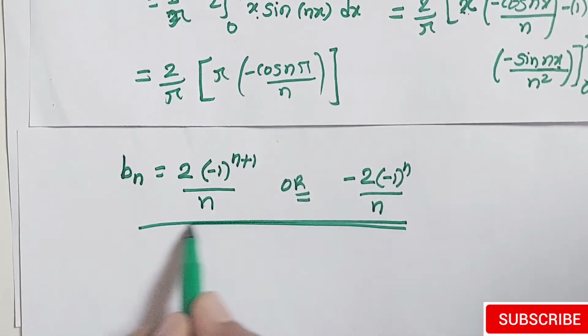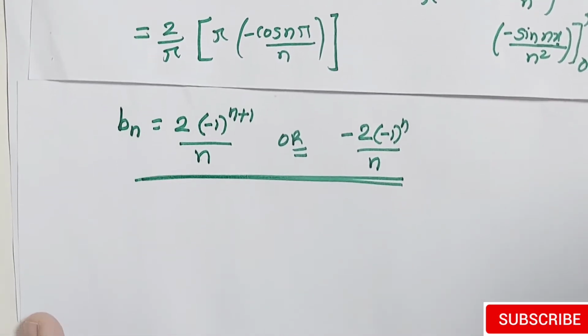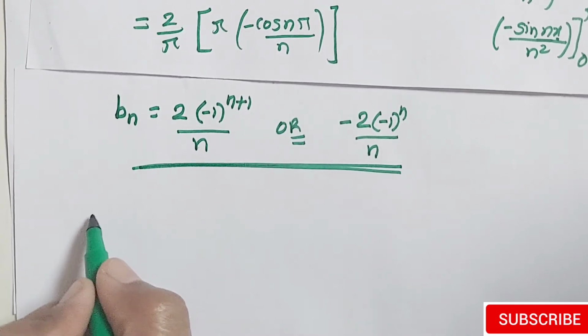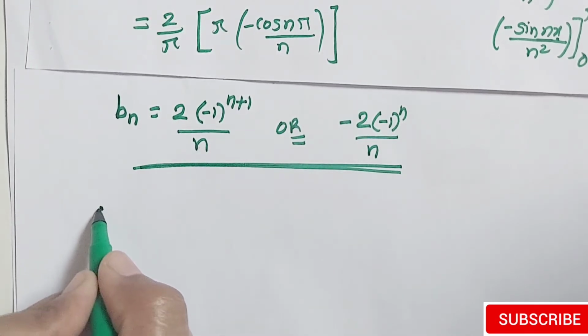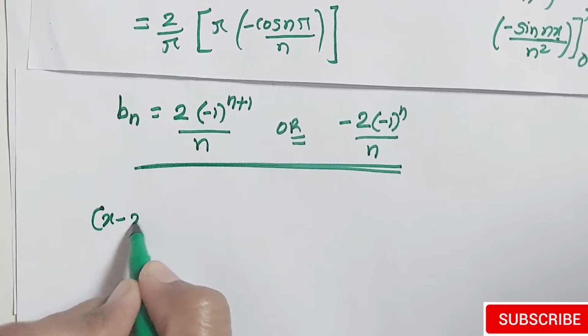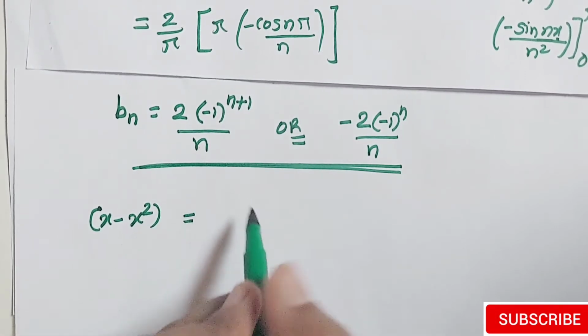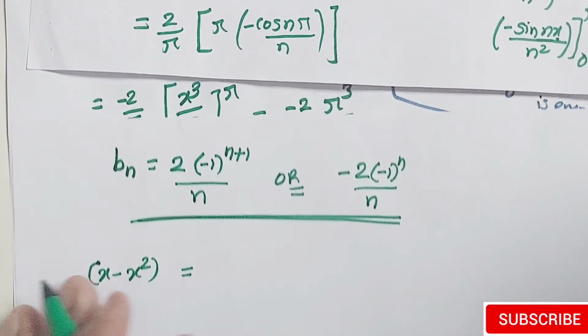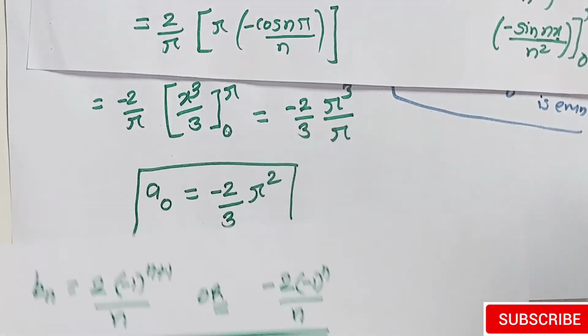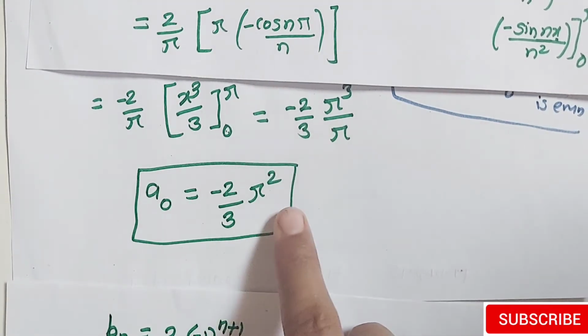Now we know the values of a0, an, bn, so therefore put these values in the Fourier series. So the final answer is the Fourier series expansion of the function x minus x square equals a0, the value of a0 is minus 2 by 3 pi square.